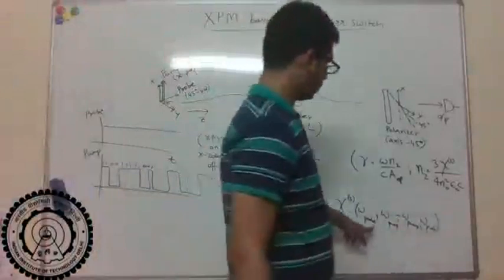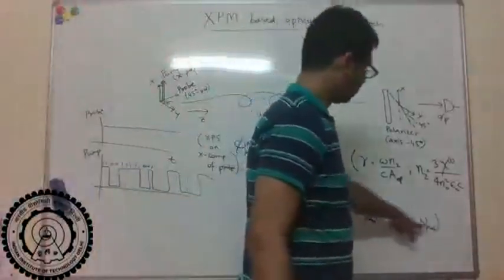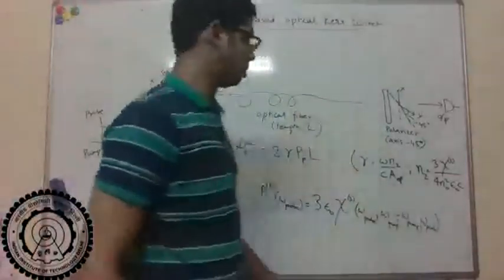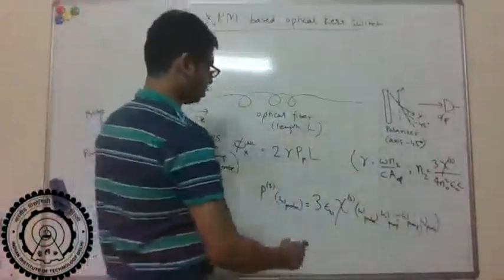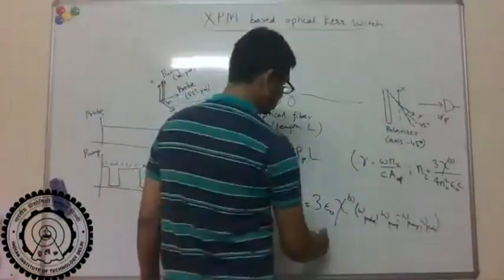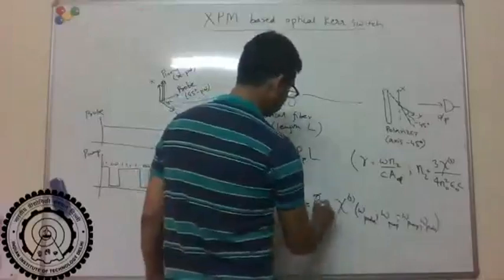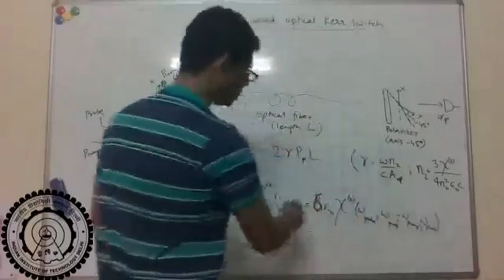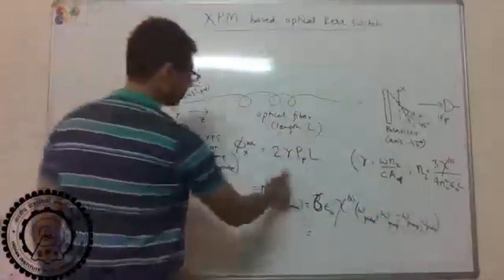Omega pump minus omega pump plus omega probe gives me omega probe. The degeneracy factor is 6 in this case, sorry, because all three are different, so it's 6. That's why we get the 2 here.